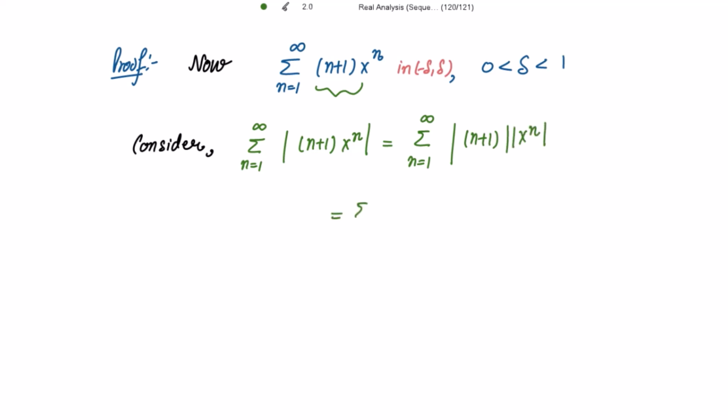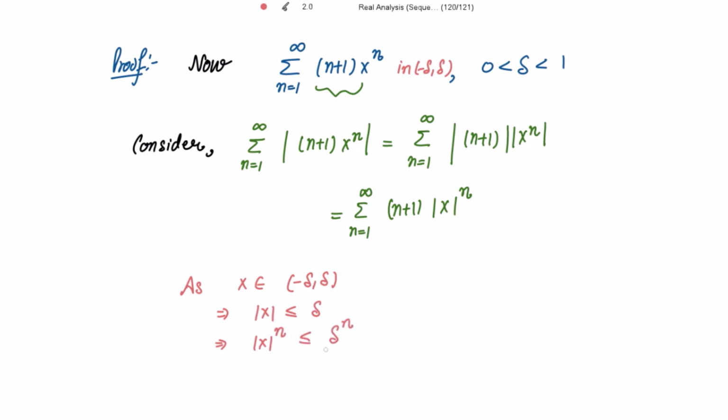Because n is starting from 1 to infinity, mod of n plus 1 is n plus 1 only. Now as x belongs to the given interval minus delta to delta, that implies mod of x is less than or equal to delta. So mod of x to the power n is less than or equal to delta to the power n. Let's use this over here.